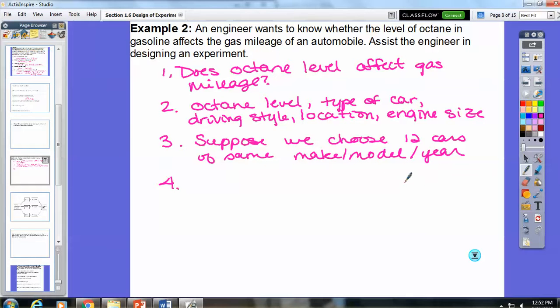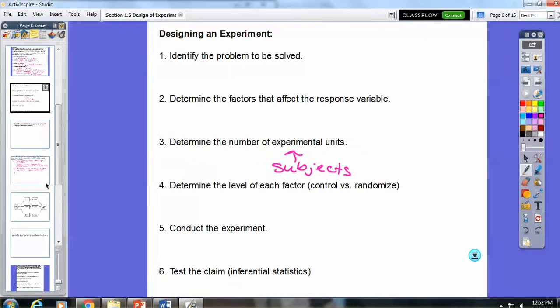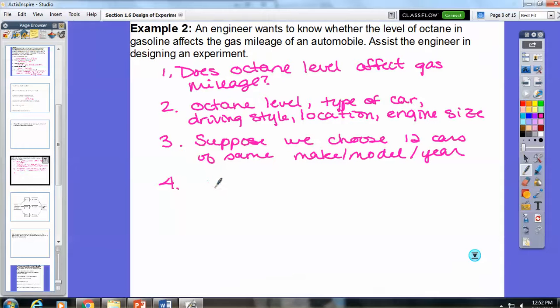Yeah, you could put that in, because could the location have an impact? We're going to get different gas mileage driving here than you would in St. Louis if you're waiting in traffic all day. So that would absolutely have an impact.